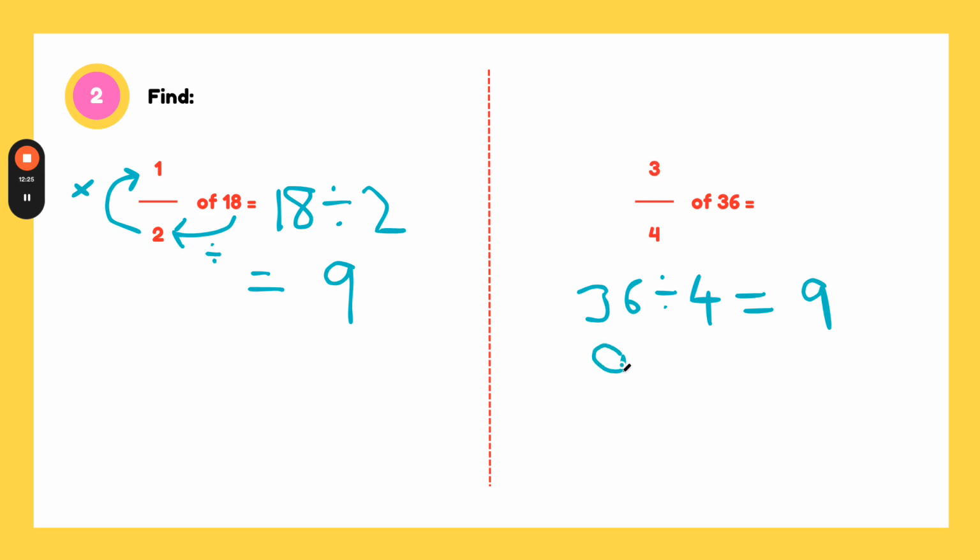So we do 9 multiplied by 3, which is 27. So for 3/4, our answer will be 27. So 3/4 of 36 would be 27.